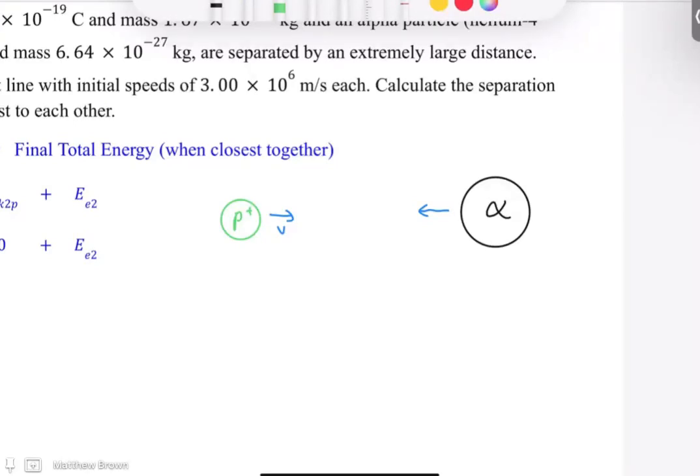Technically the electric energy of this system is 0 because they're really, really far away. As they get closer and closer, though, they're putting energy into that system because they're getting closer together, right? We've got two things that are both positively charged, so the energy in that electric field is increasing as they get closer and closer together.